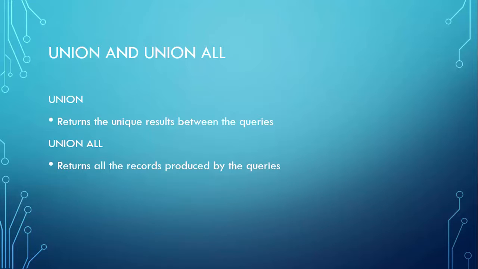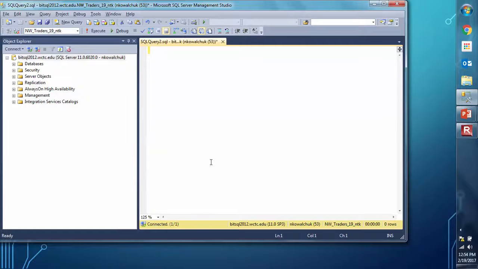So let's do some examples with union and union all. I've got SQL Server already connected. So let's write a query that shows us all of the countries that our customers and suppliers and employees are in, the countries and cities.